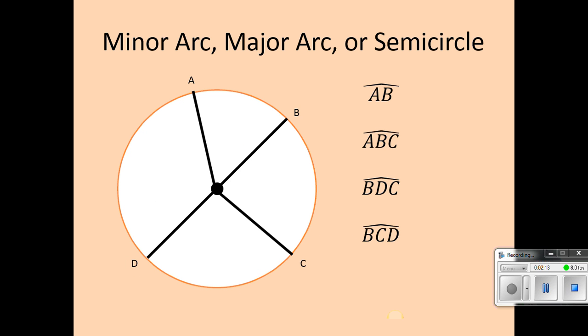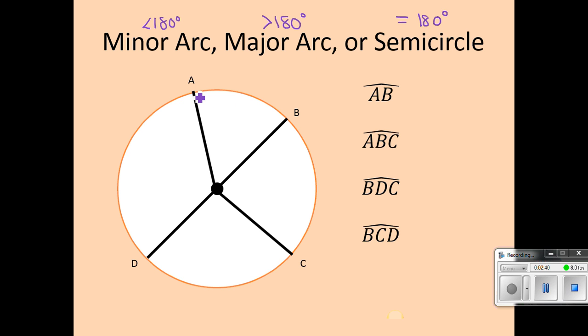All right, so if I give you a picture and ask you to identify which arcs are major, minor, or semicircles, hopefully we can figure that out. We know that a minor arc is anything less than 180 degrees. A major arc is 180 degrees or greater, and a semicircle is always equal to 180 degrees.